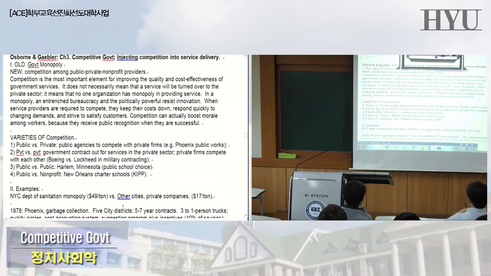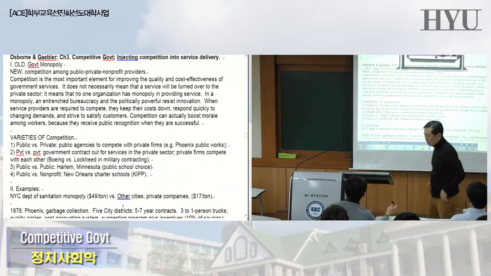In a monopoly, entrenched bureaucracy and the politically powerful resist innovation. When service providers are required to compete, they keep their costs down, respond quickly to changing demands, and strive to satisfy customers. Competition can actually boost morale among workers because they receive public recognition when they are successful.